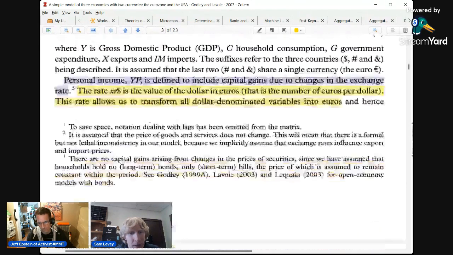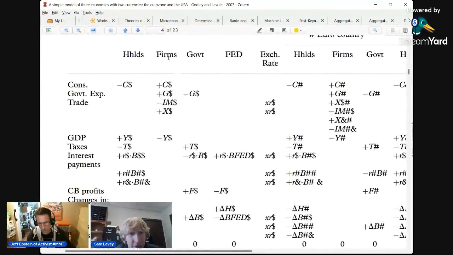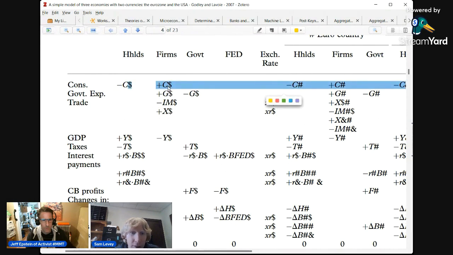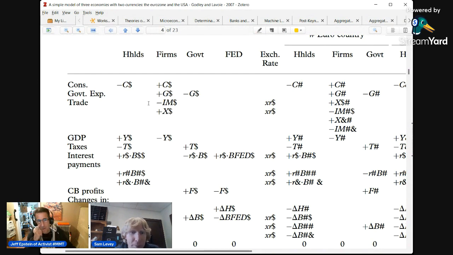So if you take this firms column in the transactions table, firms receive money when households consume. Firms receive money when the government spends. Firms have to pay other countries when they import stuff. Firms also sell the export goods, and so firms receive money when the country is exporting.